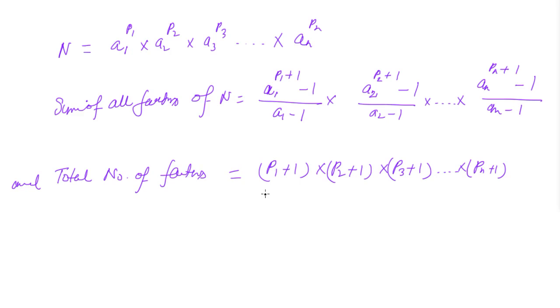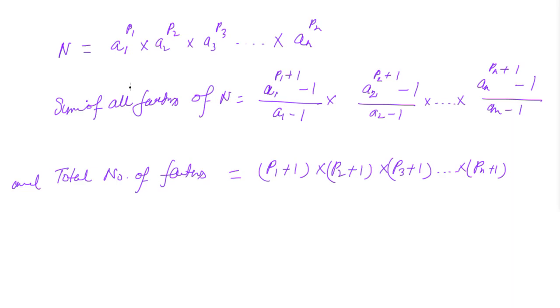Now we will generalize the result we have found earlier. Suppose a number can be rewritten in the form of prime factorization as a1 to the p1 power, a2 to the p2 power, times an to the pn power.